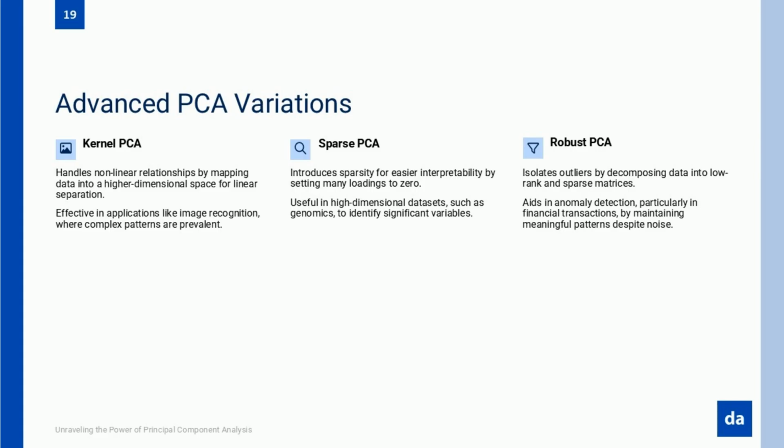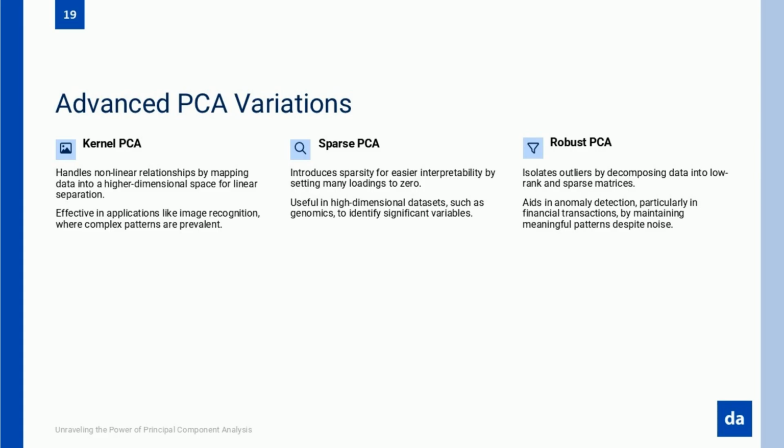This makes the results significantly easier to interpret, particularly in high-dimensional datasets where identifying a small subset of significant variables is crucial. Genomic researchers have employed this technique to pinpoint specific genes associated with diseases, isolating the small handful of genes that contribute most to the variance in their data, rather than dealing with complex combinations of hundreds of variables.